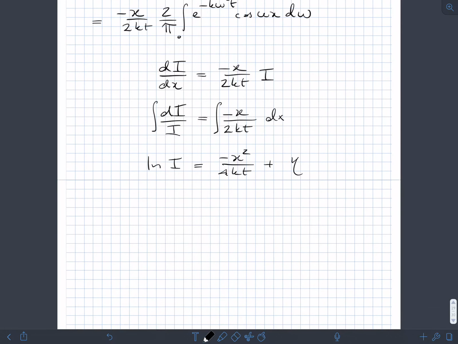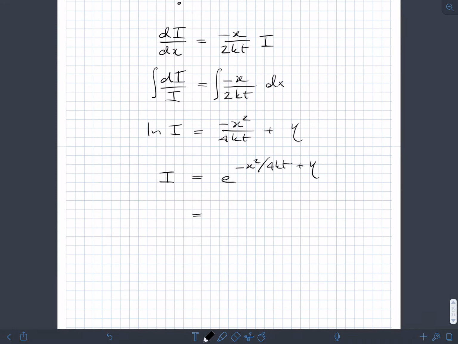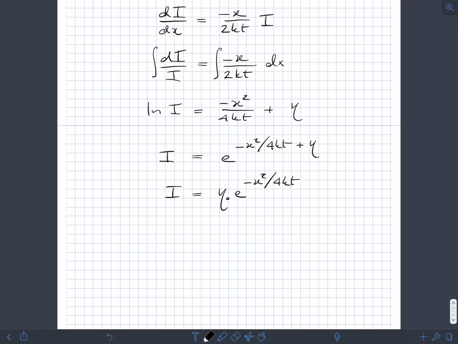So I'm going to take the exponentials of both sides. I'll get I equals e to the negative x squared over 4kt plus eta. I'll bring that eta straight down: eta naught, e to the negative x squared over 4kt. Neat.